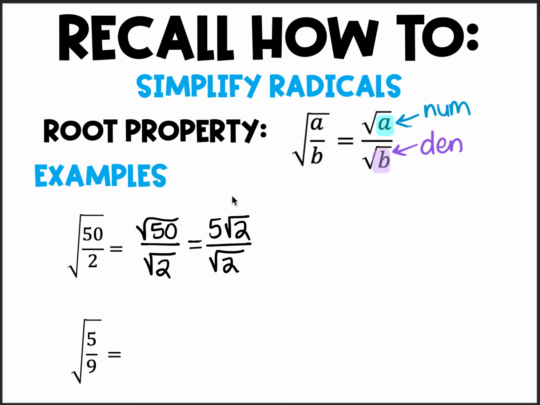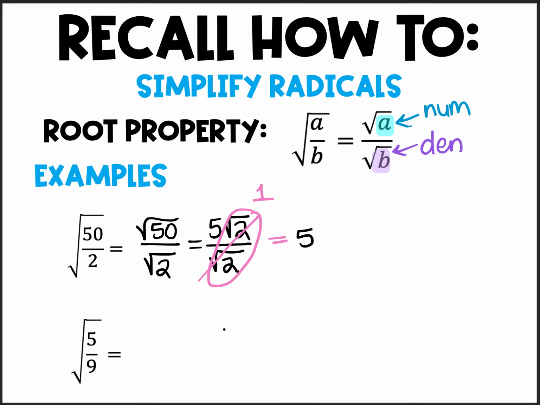And then over here, I'm multiplying 5 times square root of 2 divided by square root of 2. Whenever you have a number divided by itself, it's always 1. In a way, you can reduce this, and your answer will be 5.